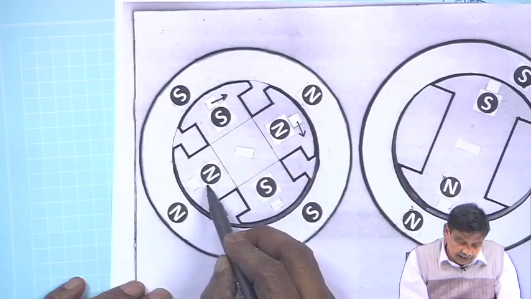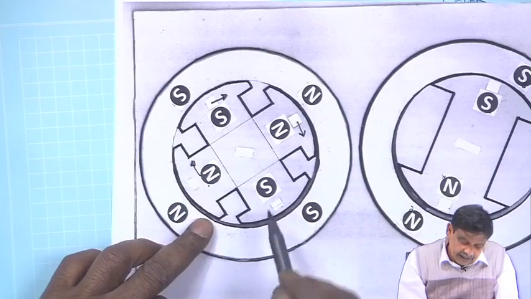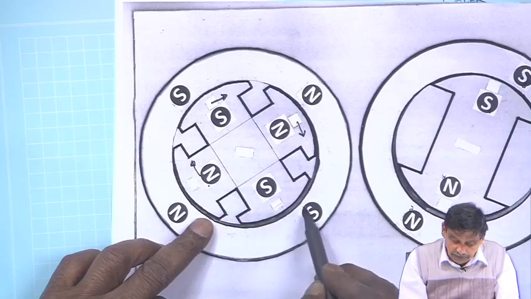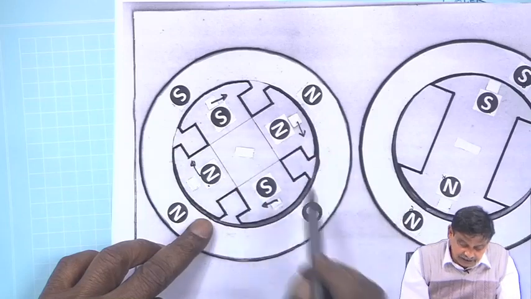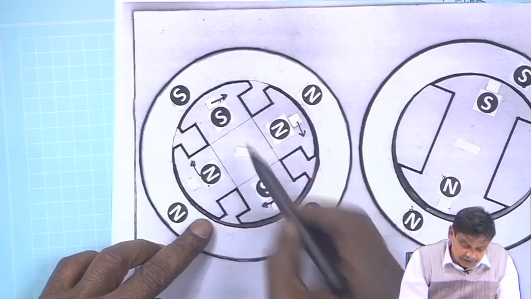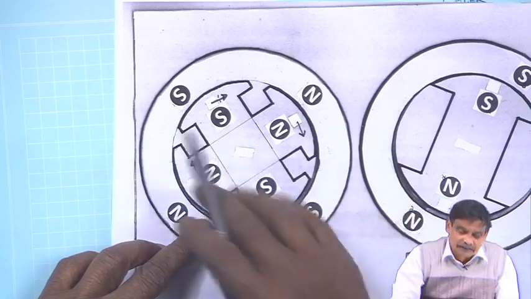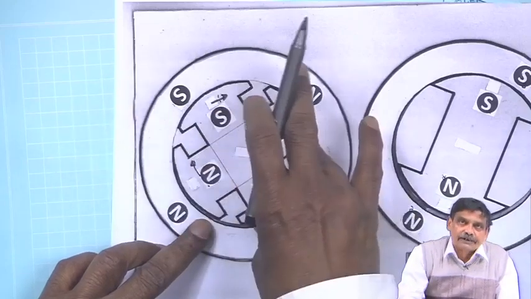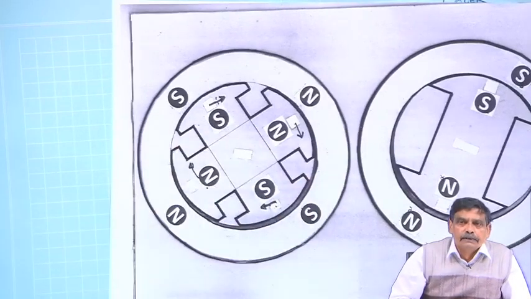This north pole, as you can see, will be repelled like this, and this south pole will also be repelled by this. So, this rotor will have torque because of these two forces and these two forces, and it will start moving in this direction. In any position you place them, you will find net torque exists.